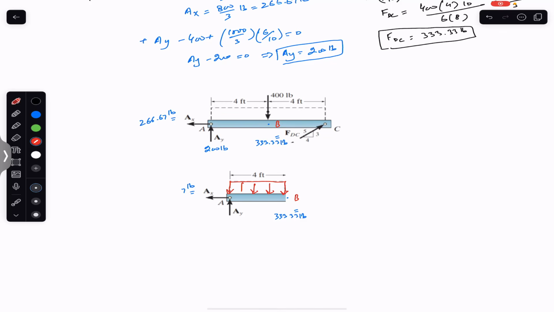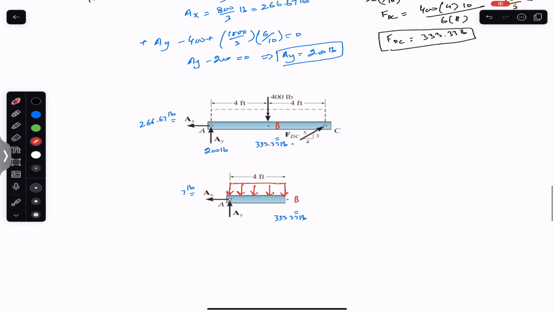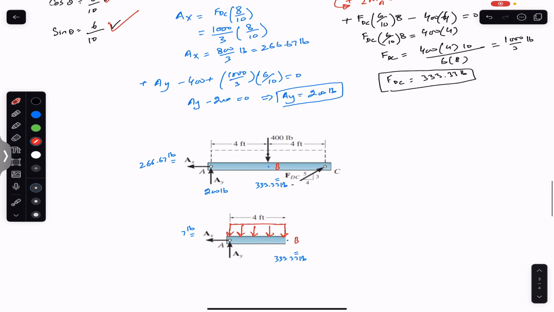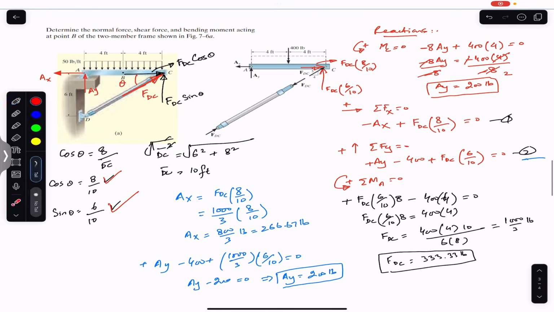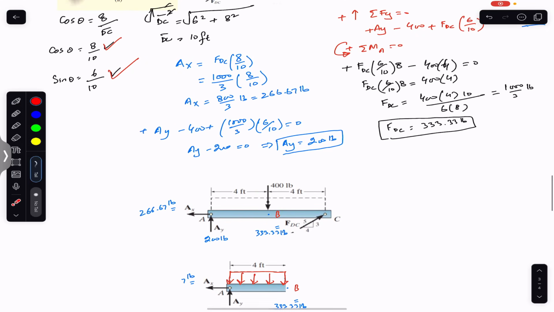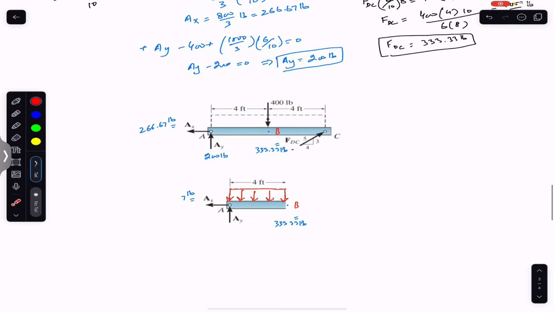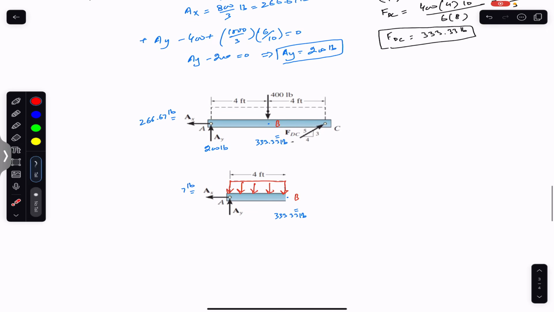So we have to show that we cut out this AC member with the distributed load, not with the resultant load. Since when we cut that segment, we cut out that rectangular distributed load into two segments as well. So we have to consider the distributed loads before making a segment of a particular beam or a member.